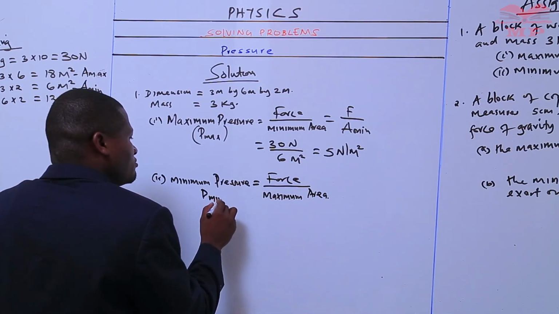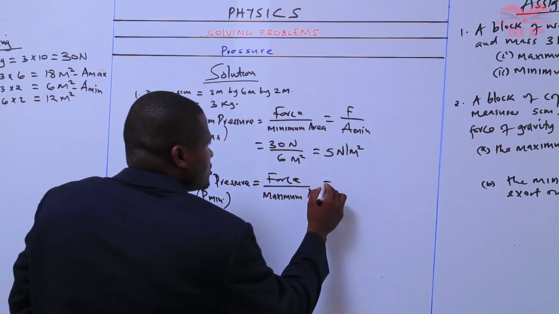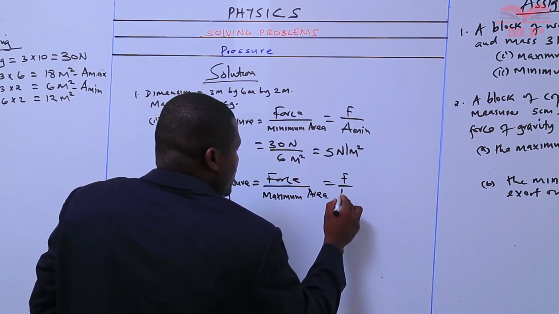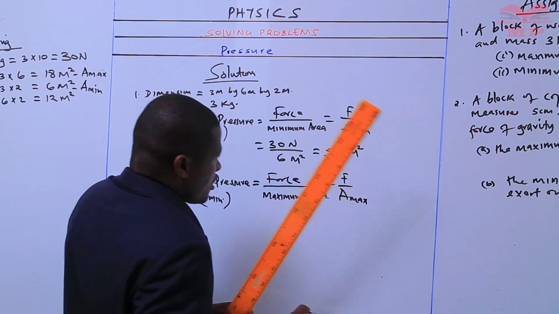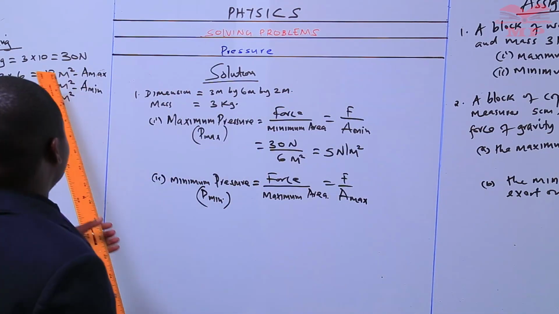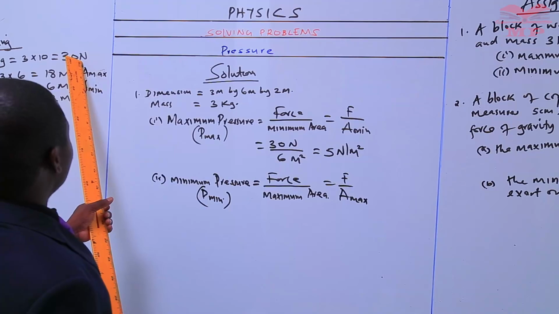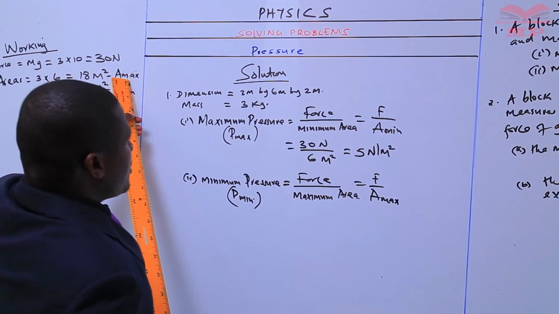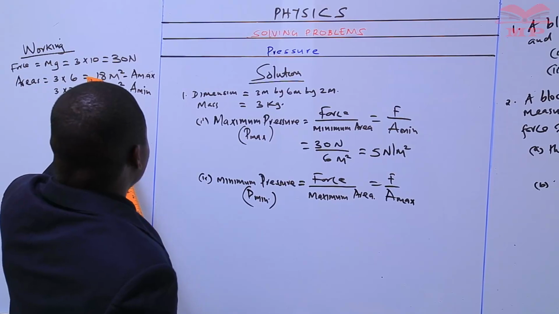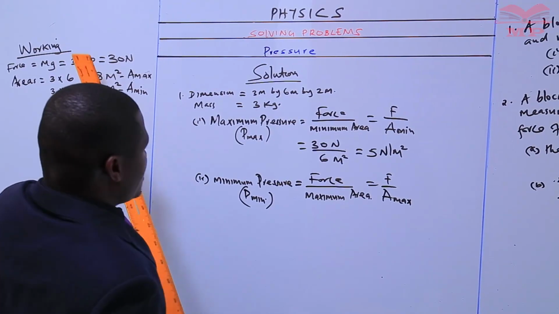This is P minimum, which is just force over A maximum. From our working here, we have our force, which is constant. Then we have our maximum area, which is 18. We are just going to use this 18.